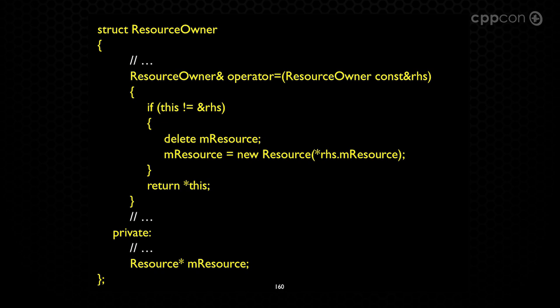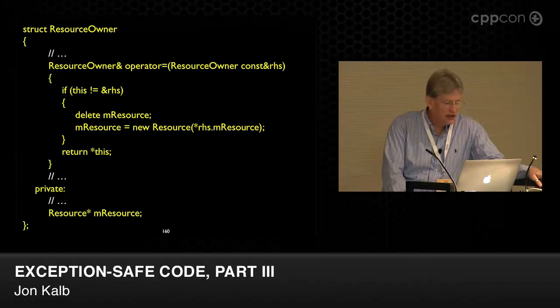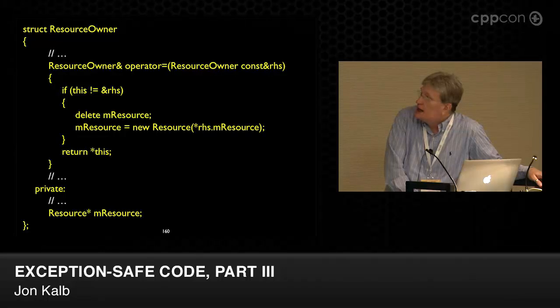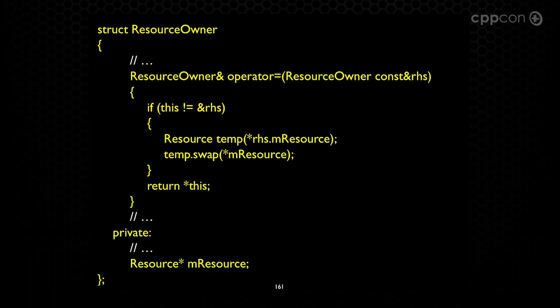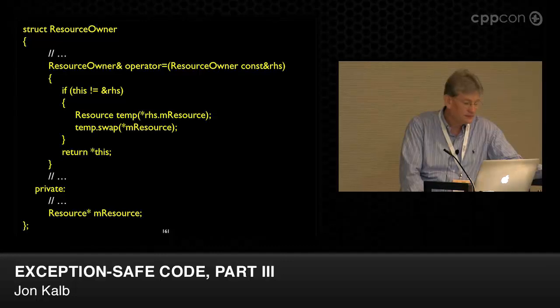Yeah, faster. But this still has an issue: if we delete a resource and then the new throws, we're not exception safe. So we can fix that by using our swap, because we know that swap's not going to throw, because we're following the guidelines, and the guidelines say that we support a non-throwing swap, right?